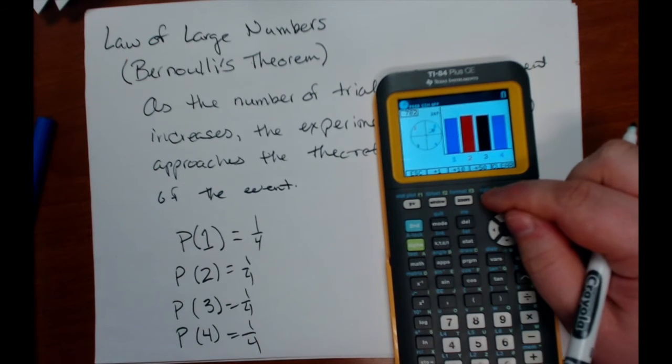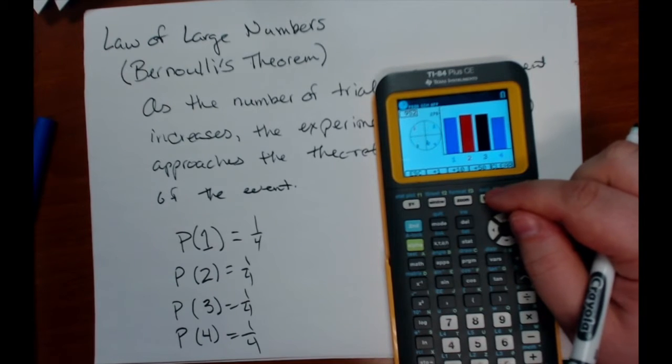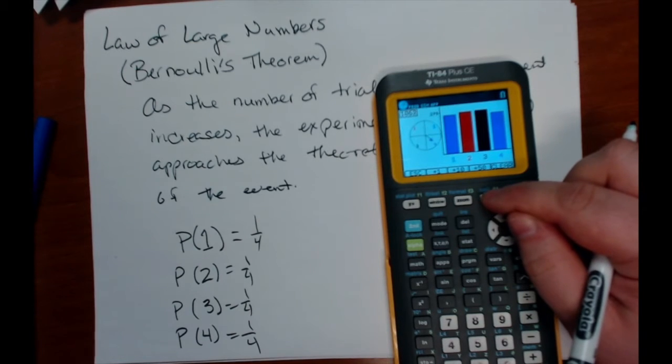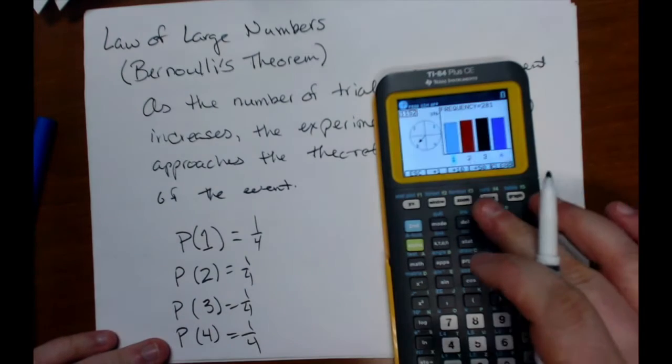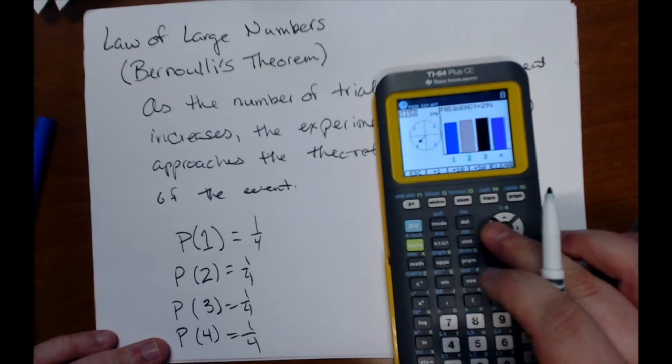Right, as we do more and more trials, the actual experimental probability gets closer and closer to the theoretical. And so you're like, well, purple's falling behind. But if we keep going long enough, I've already broken 1,000. I need to stop soon. That looks good to me. 281, 291, 296, 284.